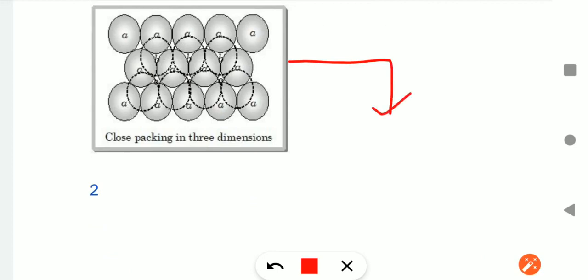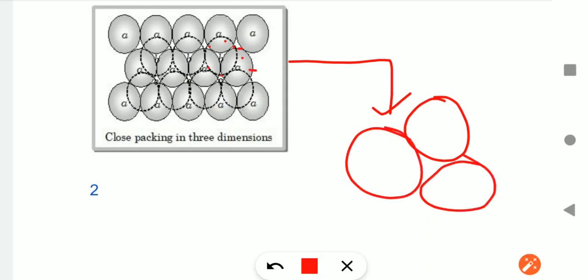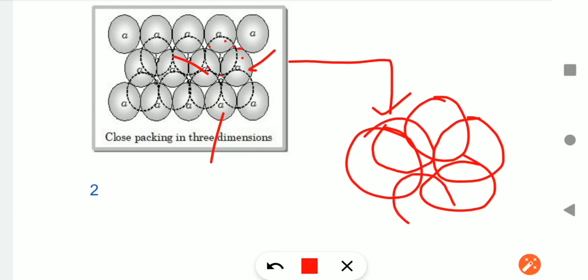First, understand carefully. First, I am drawing these black dotted spheres. Three and three are these dark ones.